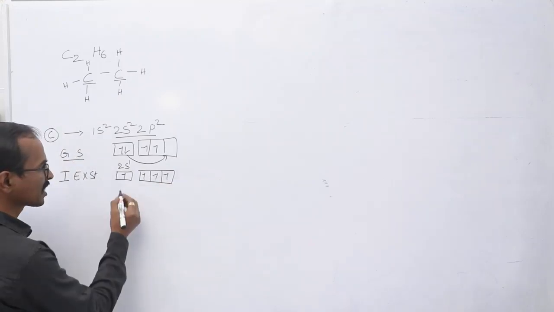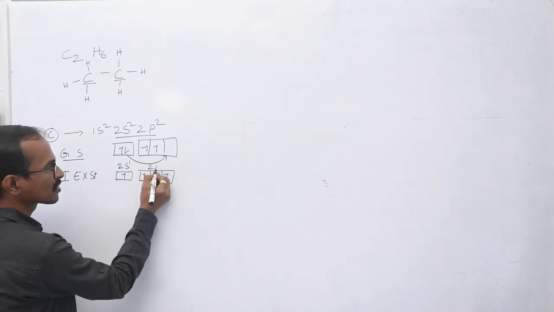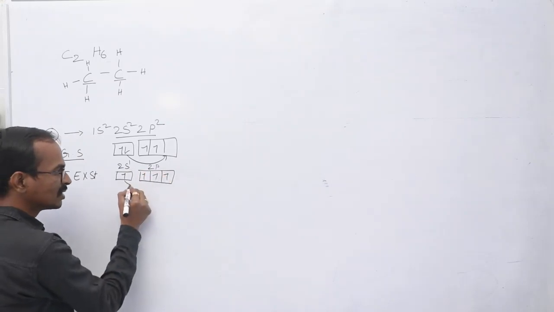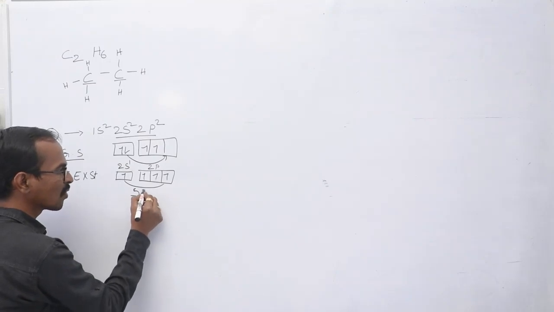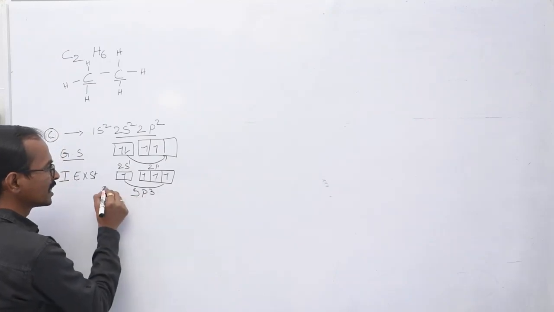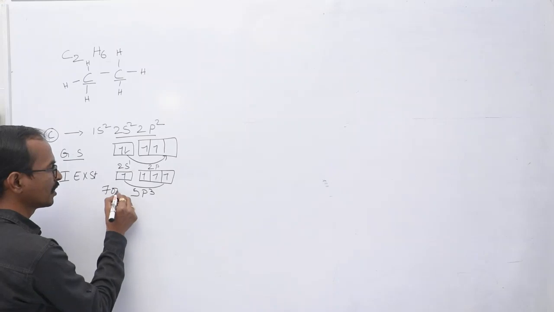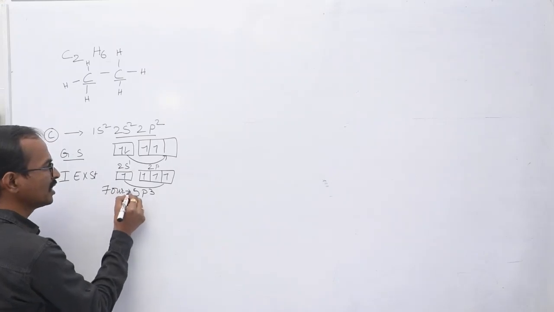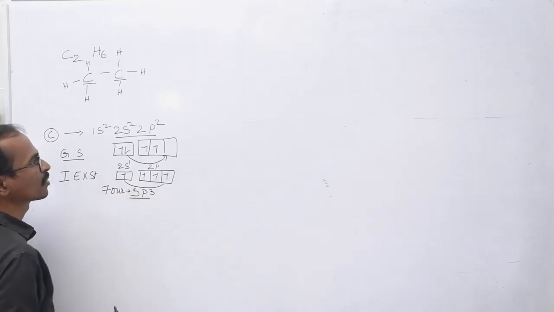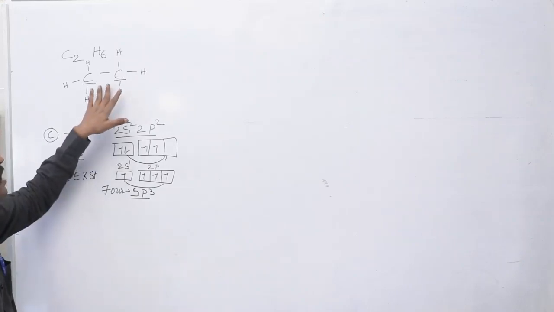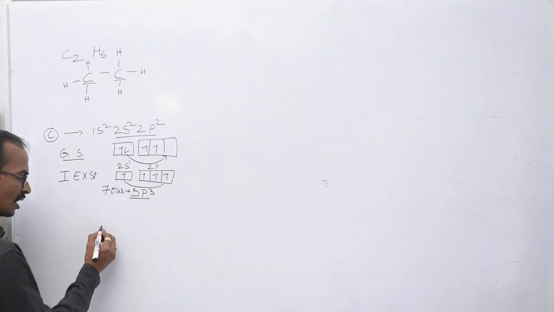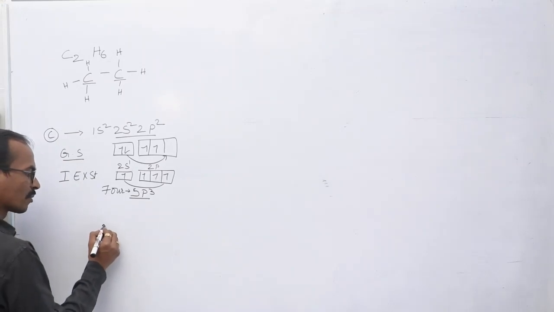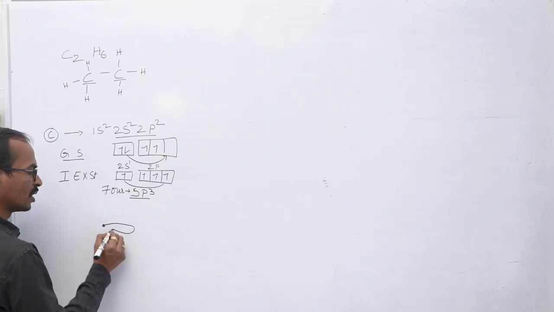In the first excited state, one 2s orbital and three 2p orbitals intermix with one another to form 4 sp3 hybrid orbitals. These 4 sp3 hybrid orbitals form the ethane molecule on each carbon atom. Let us take this as one carbon atom. It has 4 sp3 hybrid orbitals.